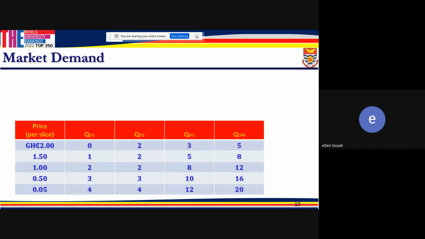Another concept that we need to look at is the concept of market demand. Yes, please, is there a question? Madam, I wanted to ask, is the demand curve always a straight line?